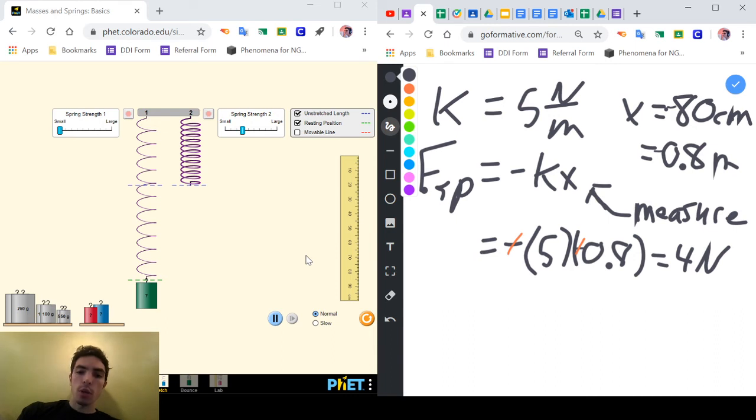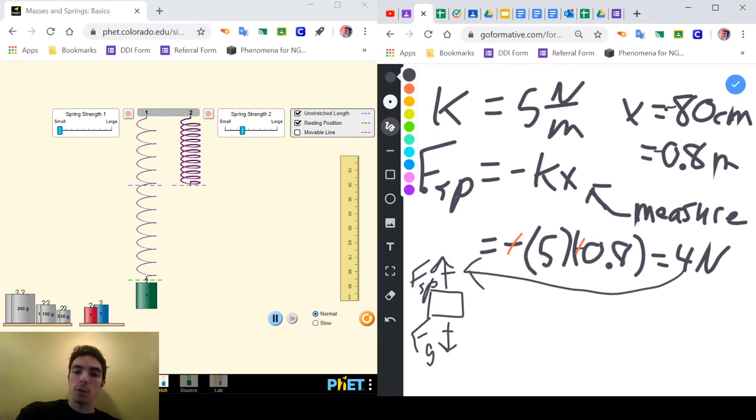Now, once we know that that's our spring force, according to our free body diagram, and I'll just quickly draw that again, we've got our gravity force having to be equal to our spring force. And so since we know that this 4 Newton force is our spring force, we know that that must also be our gravity force.